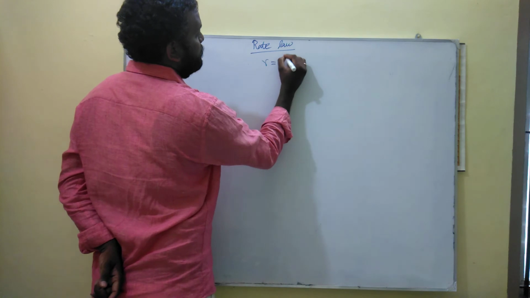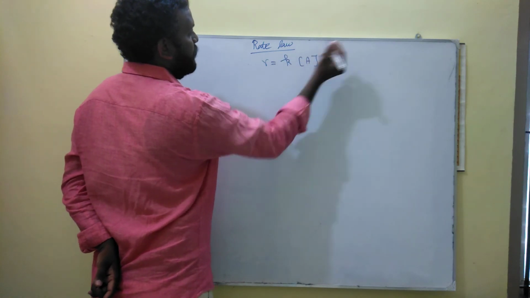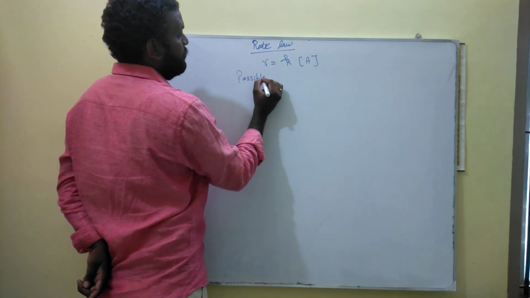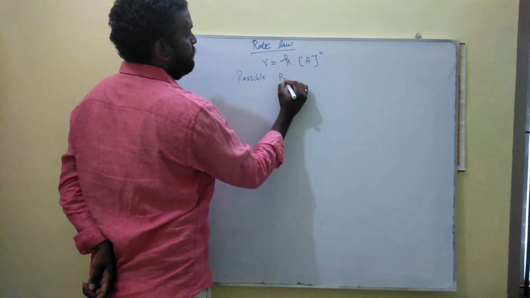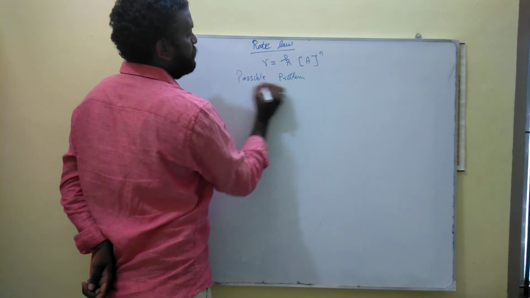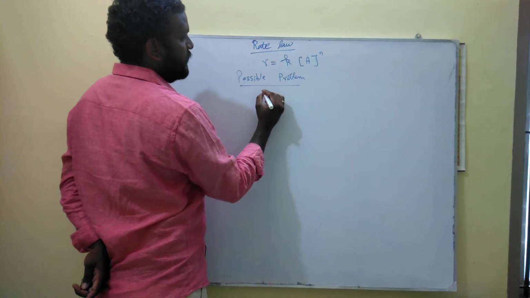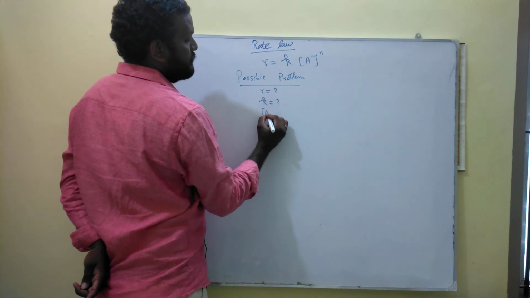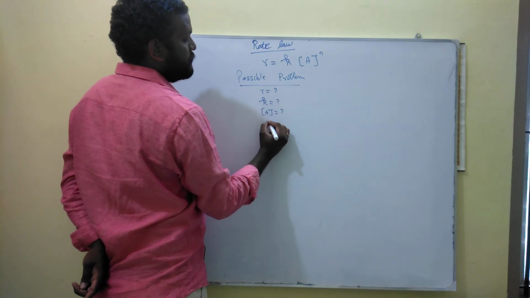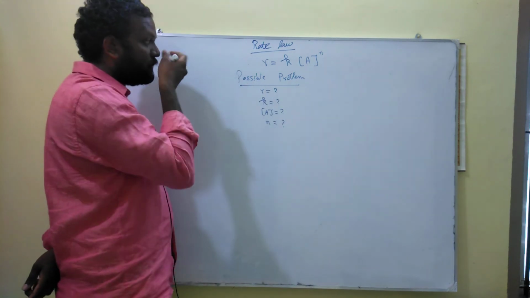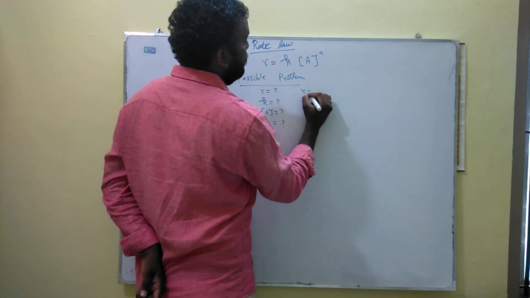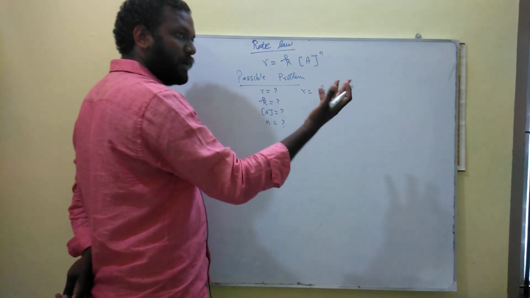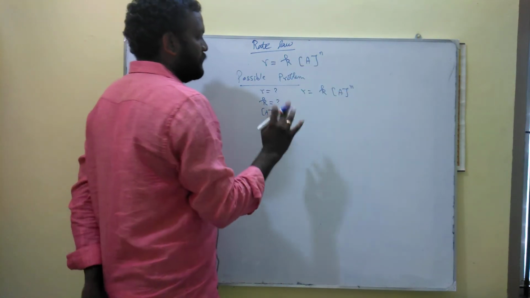Rate law is R is equal to K into concentration of A power N, whatever it may be. So what are the possible problems? They may ask R. They may ask K, or the concentration. And order is also possible. If they ask R, R is equal to K into concentration of A power N. N may be 1 or 2, whatever it may be, they will give it, or 0 is also possible.